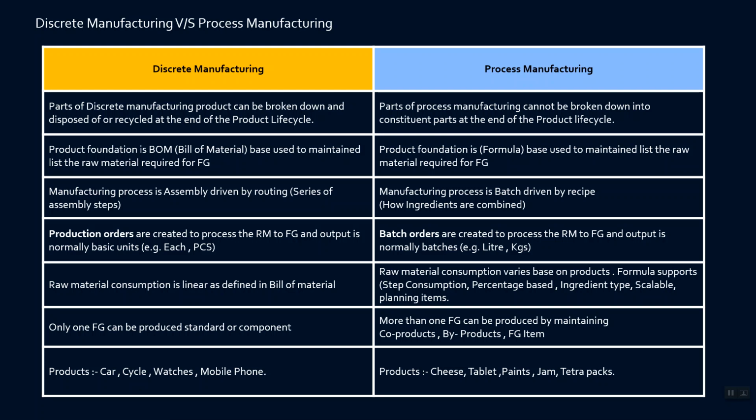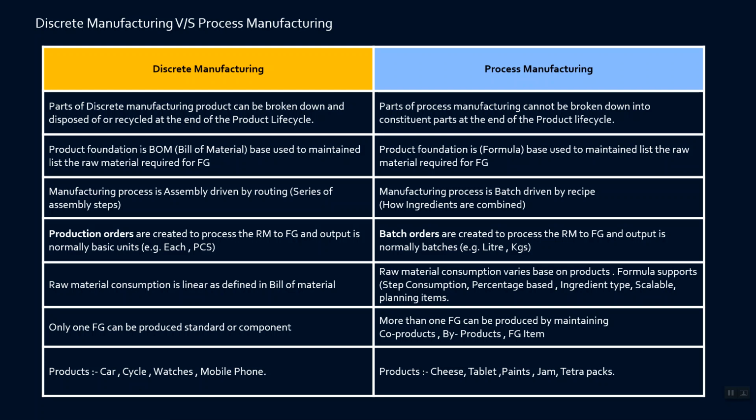So you'll see garages which disassemble the parts and recycle that particular part. Okay, something like that will go in discrete. But if you see a product like shampoo, you cannot dismantle it. By the end of its life cycle, it is already consumed, and no one knows how, when, what happened with that particular product.